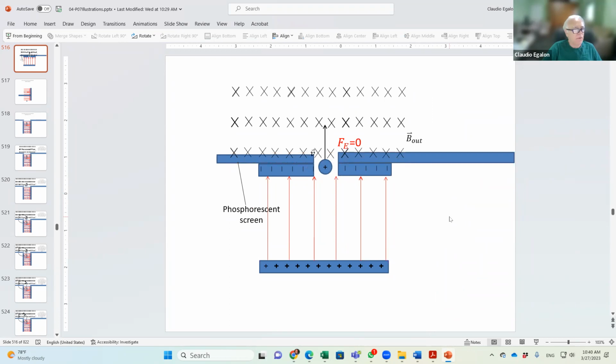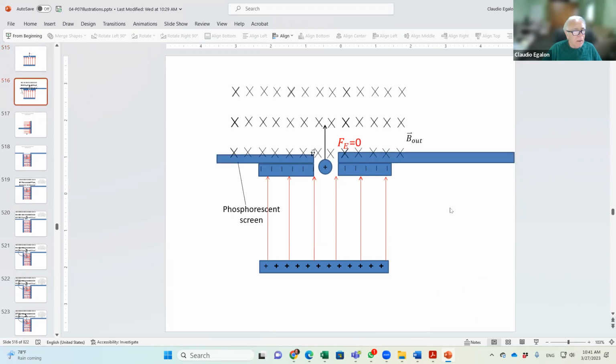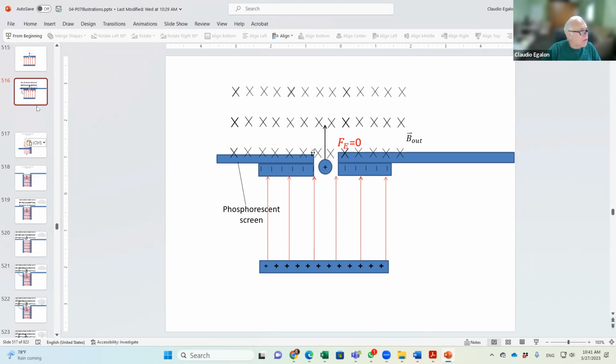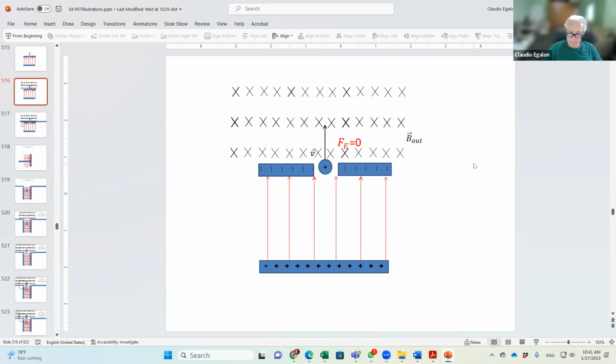Okay, phosphorescent string, both sides. I want to do one with a phosphorescent string, the other without a phosphorescent string, otherwise it becomes too much, right? Like that. Go.